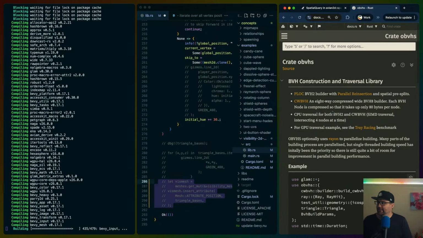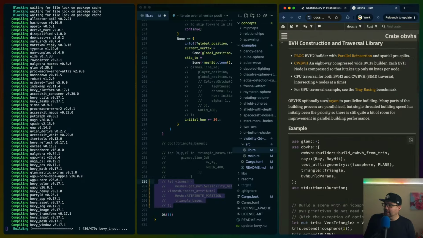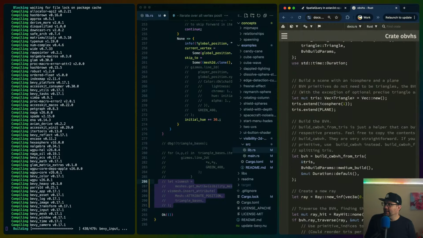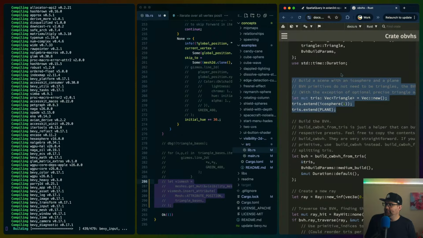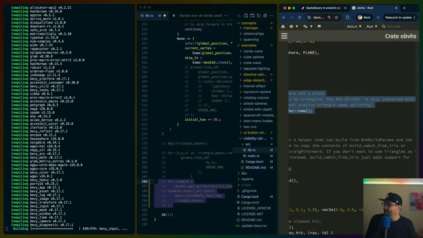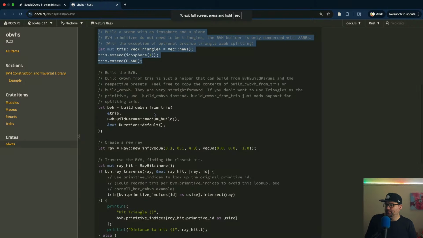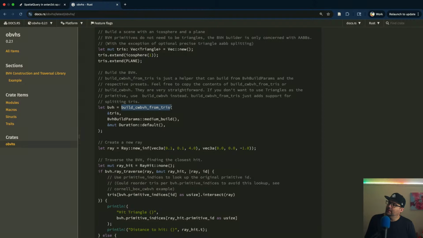OBVHS is really interesting. I would love to do the basic raycasting and then build up into OBVHS. Build CWBVH from triangles. CW bounding volume hierarchy.